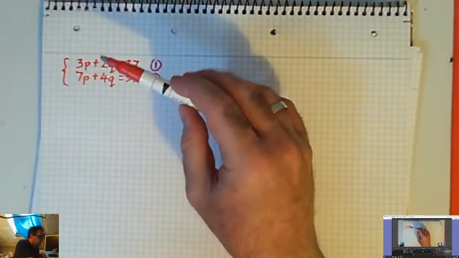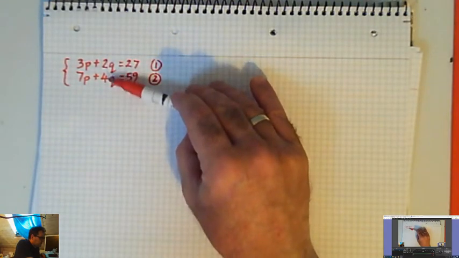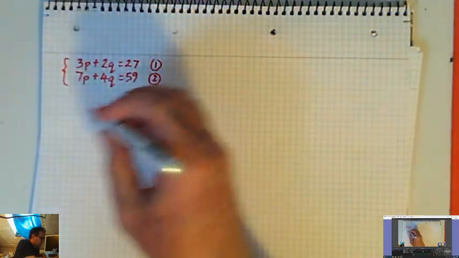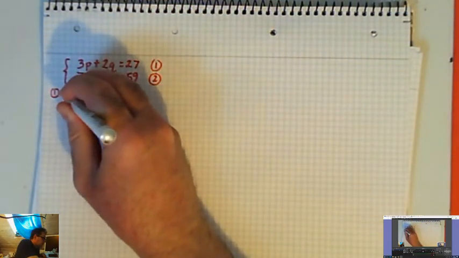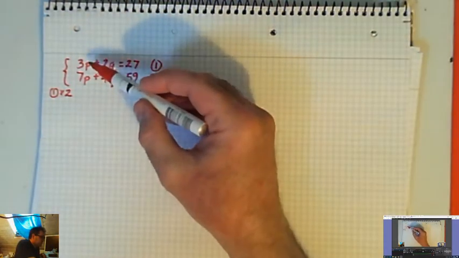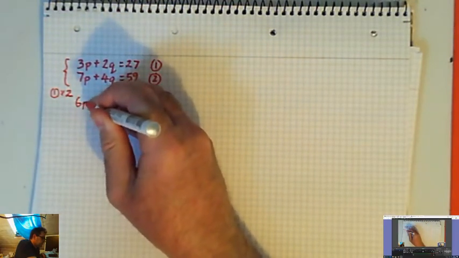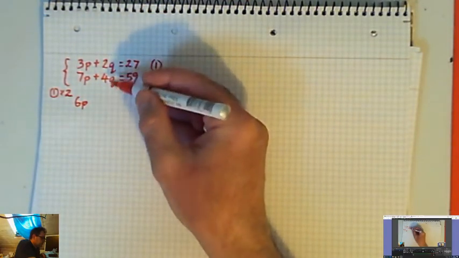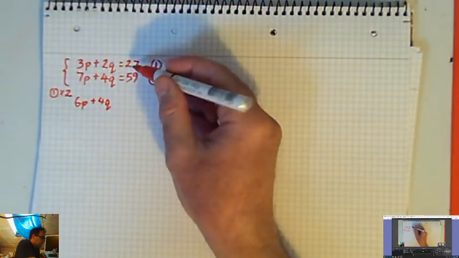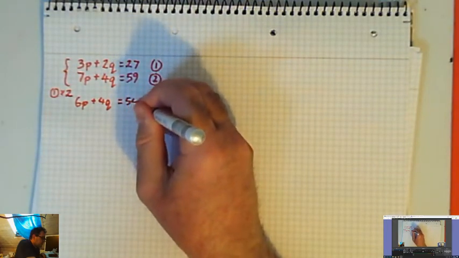So what I'm going to do first, I noticed that 2 goes into 4, so I've got a 2q and a 4q in the different equations. So if I take everything in equation 1 and multiply it up by 2, so 3p times 2 becomes 6p, 2q times 2 becomes 4q, and 27 times 2 becomes 54.